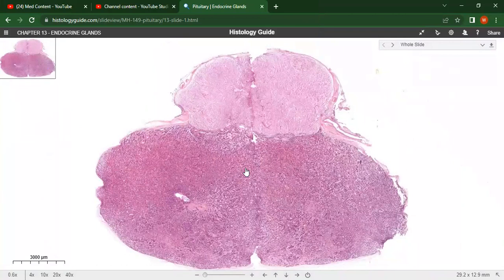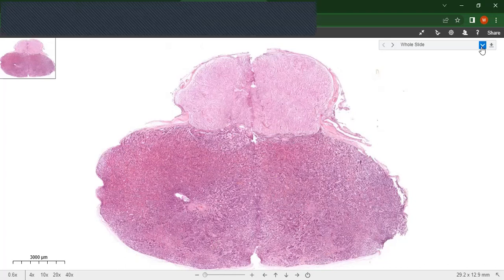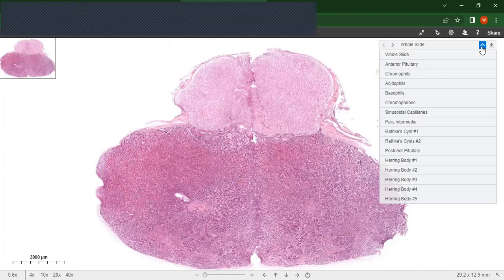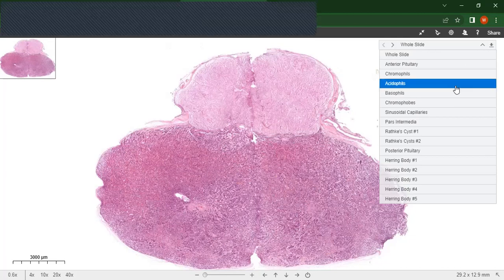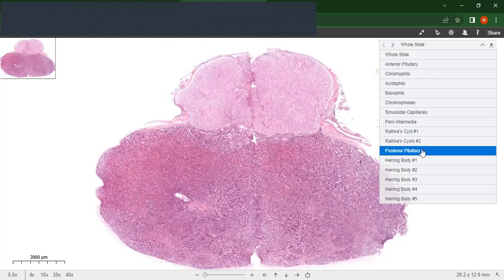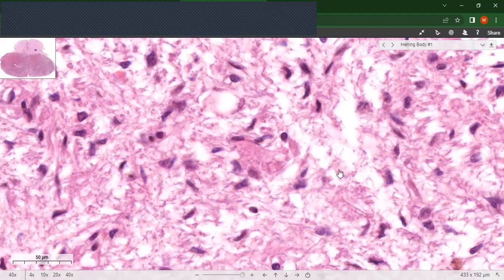Let's look at the cell types. I think the cell types are the ones which will help you the most. Let's start with the cell types of the neurohypophysis. The cell type in the neurohypophysis is the pituicytes.